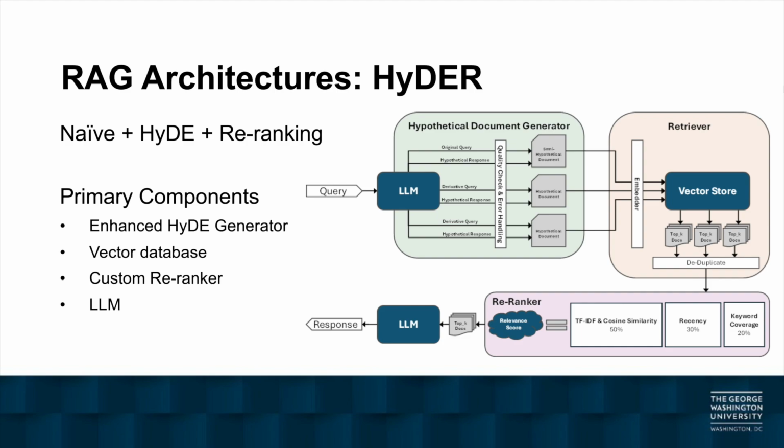We then increase the overall fetched documents from top K to top K times 3. So then we deduplicate those documents that are returned. We incorporated a re-ranker to help us bring the total number of documents retrieved back down to the original top K value that we set.